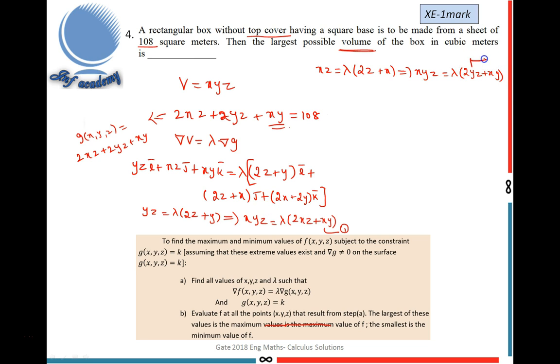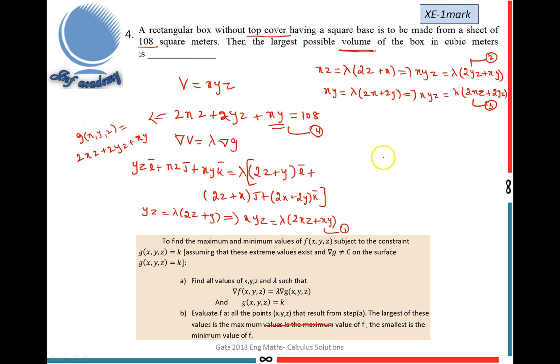This is the second equation. Comparing the k vector coefficient, I got xy equal to lambda into 2x plus 2y. Multiplying z on both sides, I got xyz equal to lambda into 2xz plus 2yz. This is the third equation. And using the constraint, this is the fourth one.